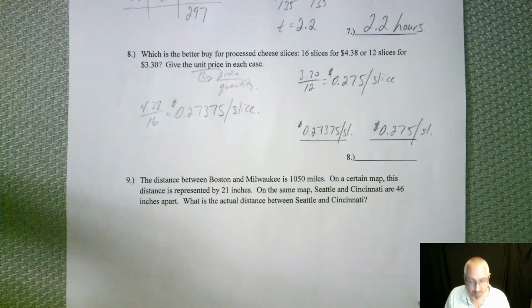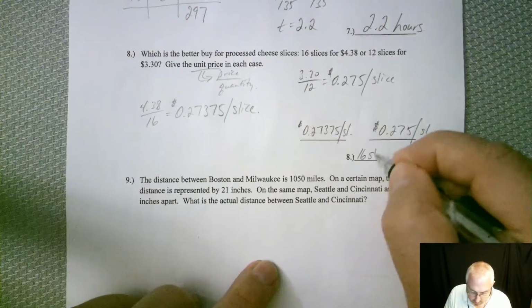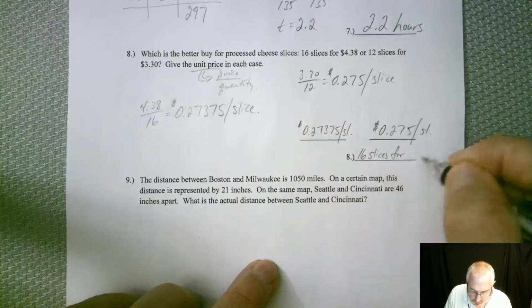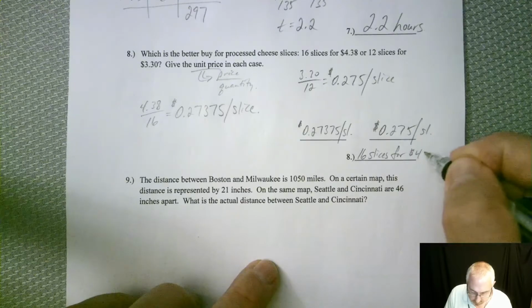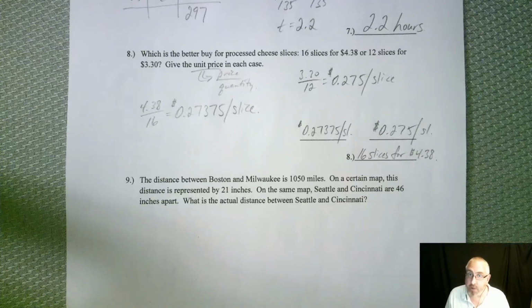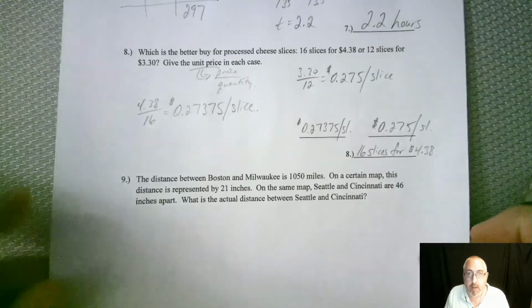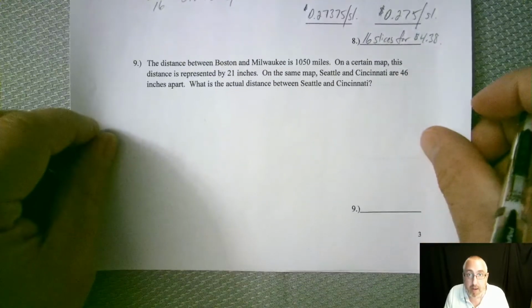The cheaper one, of course. So that must mean the 16 slices for $4.38. Not by much, but it is a little bit cheaper. So, all right, let's go into number 9.